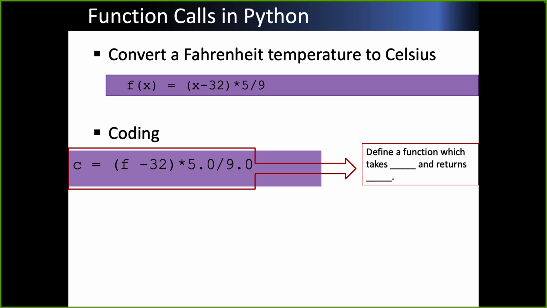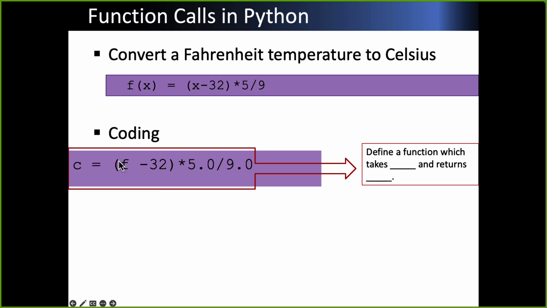In our coding, we need to say in our function that this is a signature, and let's say this is the body. In the body, there is a computation. So f is the input, and then this computation is assigned to C, and in this function definition, C will be returned, right?